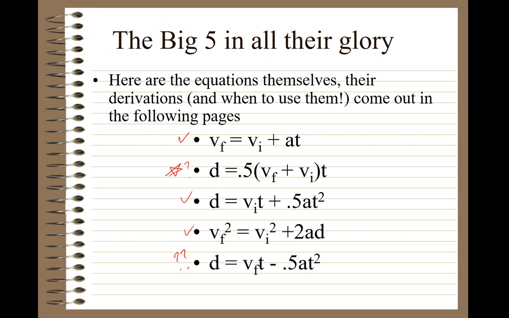But you'll understand why I'm showing this to you. And notice this one is very similar to this one. It's D is equal to VFT minus 1/2 AT squared. So notice the V final versus V initial, and then there's a minus sign instead of a plus sign. Otherwise, they are the same.